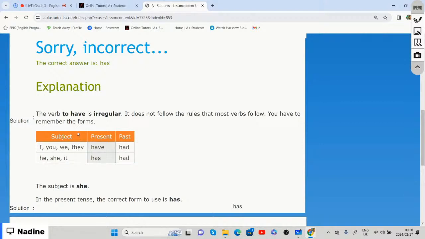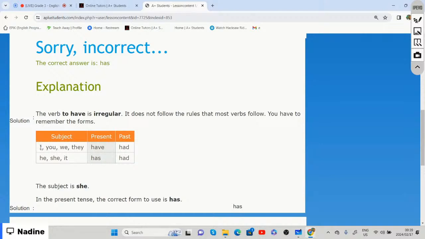Then you use the present tense form of the verb have. So for example, I have a blue bag, right? Or you have red socks, or we have ice lollies, or they have iPhones, right?